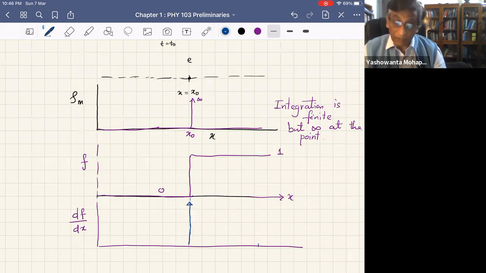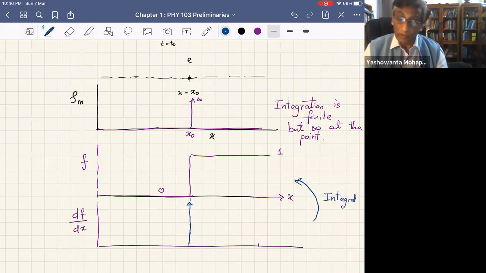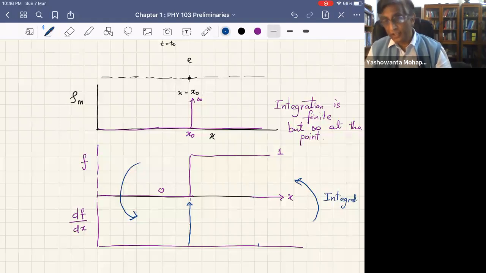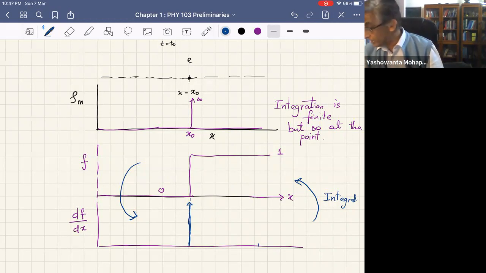However, this is by differentiation. But if I integrate, then I get back a finite quantity, 1. So if I differentiate, I get this. If I integrate, I get this. Which means the area under this pulse is indeed finite.